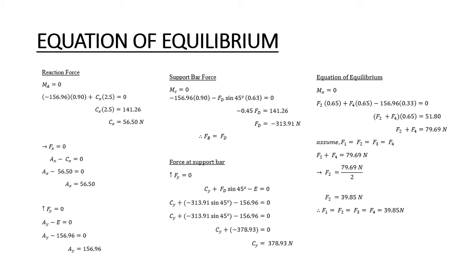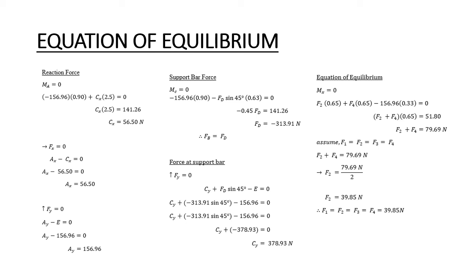The third one is force at support bar. The force Y equal to 0, so that Cy plus Ft sine 45 minus E equal to 0 too.